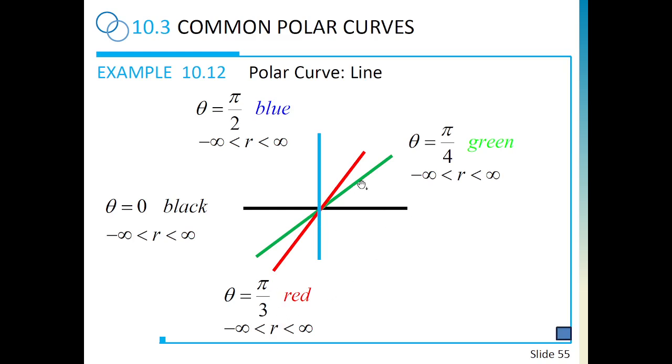If I have pi over 3, so 60 degrees, it's something like this. Pi over 2, the angle between the x-axis and the ray is pi over 2, and then r goes up and down from minus infinity to plus infinity, so that gives me the line here. So essentially our lines are defined by angle only.